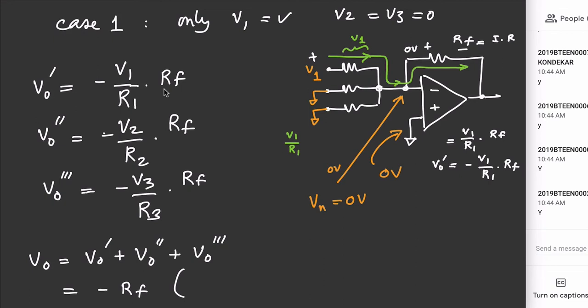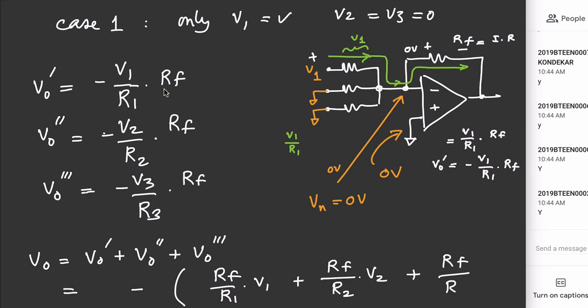or we can write in simple way, minus Rf by R1 into V1 plus Rf by R2 into V2 plus Rf by R3 into V3.